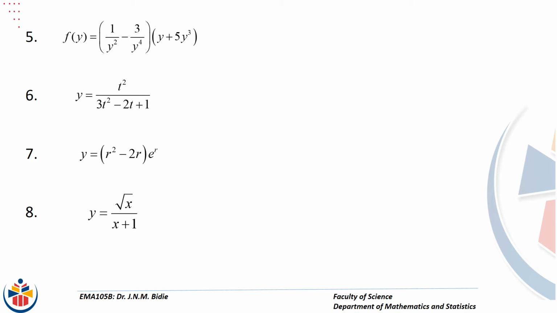Note that you have to take y squared up, so it becomes y to the power negative 2 minus 3 y to the power negative 4, which makes life easy when it comes to differentiation. Product rule again for number 7, but for number 6, quotient rule, and for number 8, quotient rule. Attempt them and let's see whether you'll be able to use the first 8 rules that we gave you.